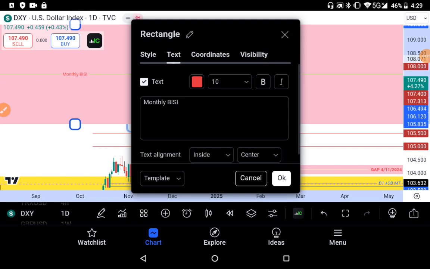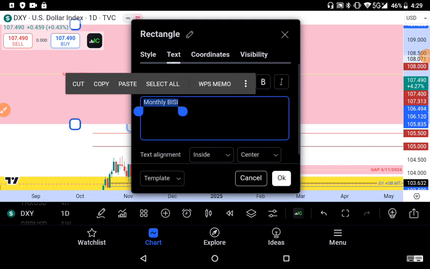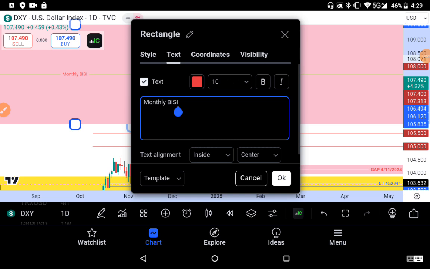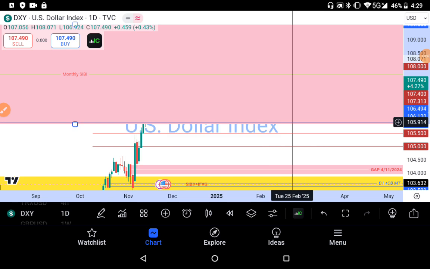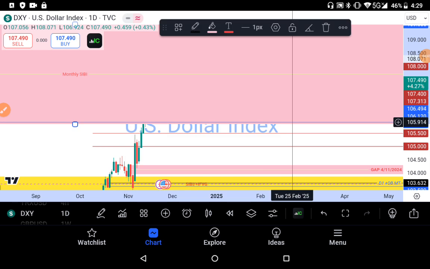So this is a CB, not a BC, because it's a sell side imbalance, buy side inefficiency. Let me make an adjustment there. So it's a monthly CB, sell side imbalance, buy side inefficiency.